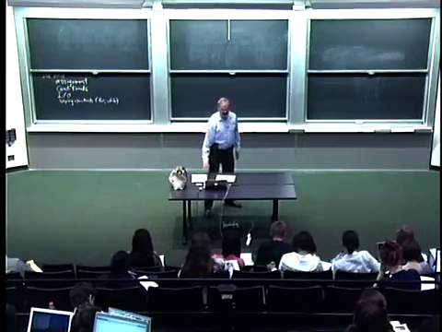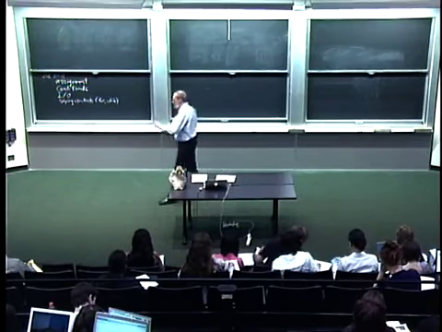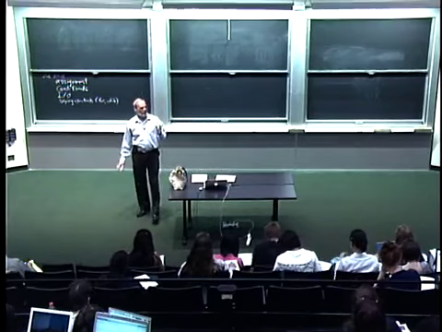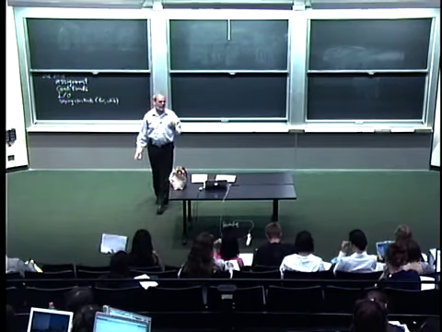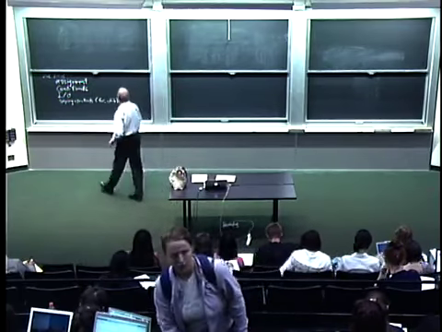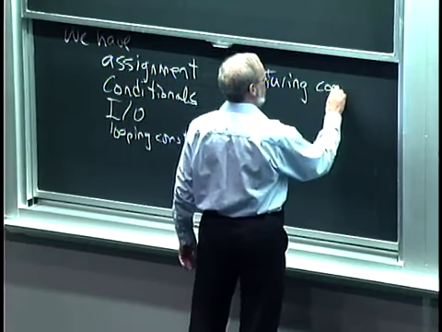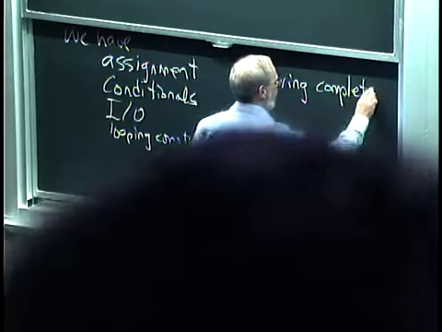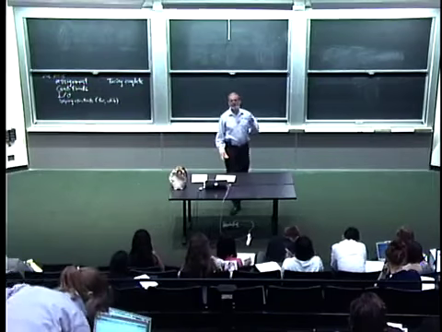And one of the things we said last time was with that set of things, the ability to give names to values, the ability to make decisions, the ability to loop as a function of that, the ability to get things in and out, that actually gave us a language that we said was Turing complete. And that meant in English that this was enough to write any program.